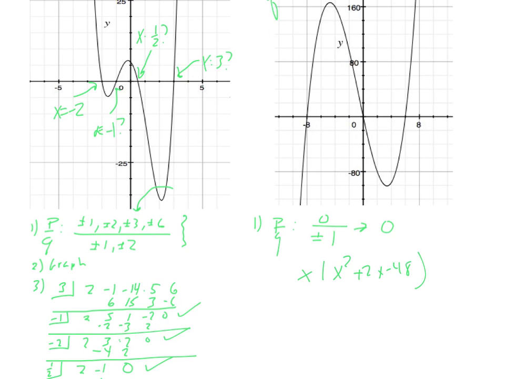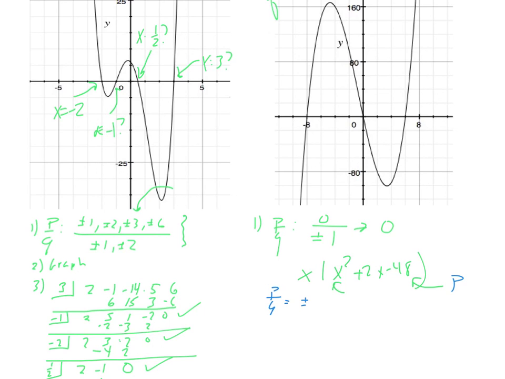Now I could write a different P over Q. This time I'm going to use negative 48 as my P, and I'm going to use 1 as my Q. Well, here we go. I'm going to write this one in blue.